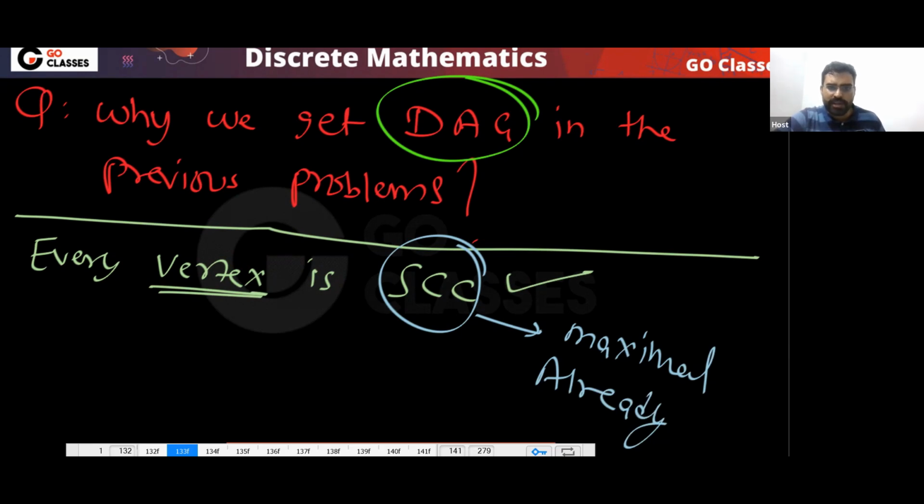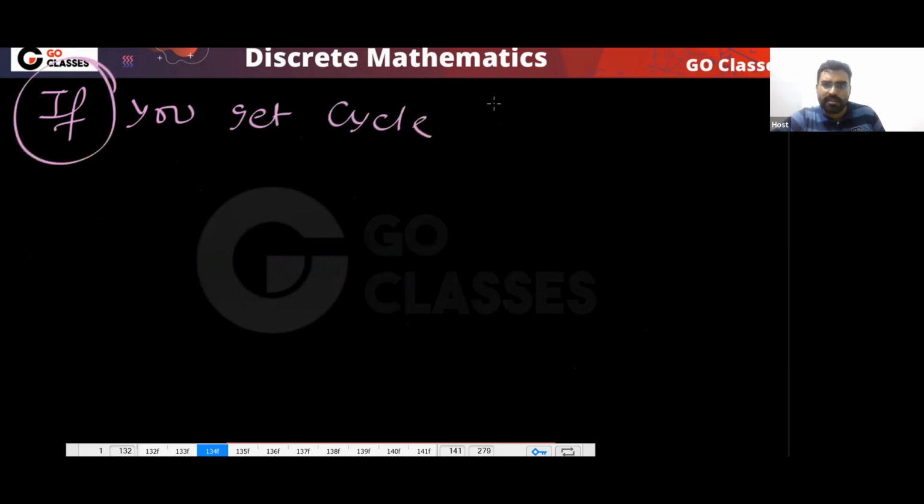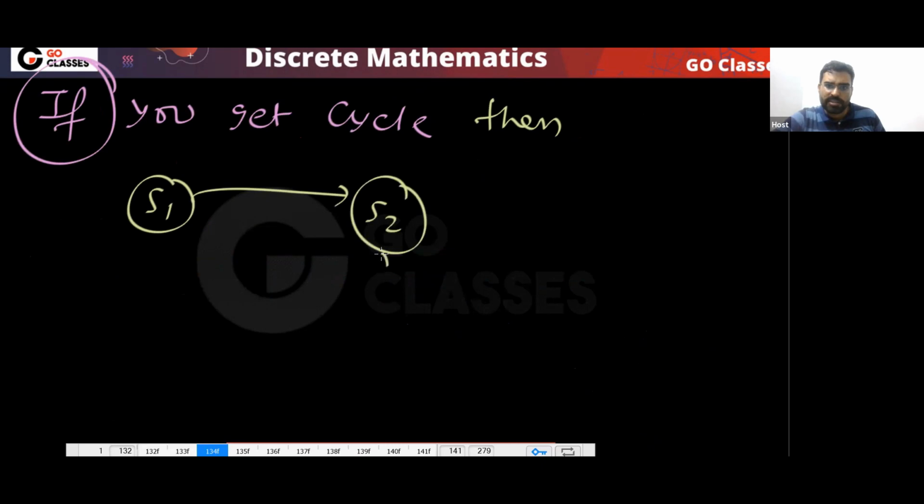Now, by chance, if you get a cycle, what is the problem? Let's assume you get this type of cycle. Then you can merge them into one.